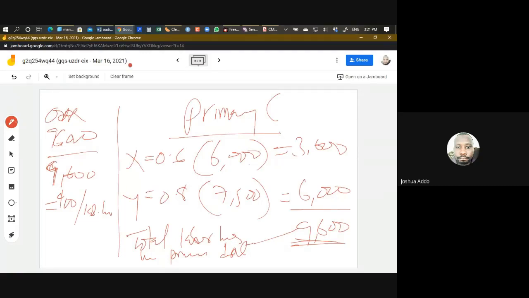And if it takes 0.6 labor hours for the product to complete in the primary department, and 1 labor hour is charged 10 cedis of the overhead cost, then the overhead cost, not per hour, but per unit of X, will be 0.6 times 10.